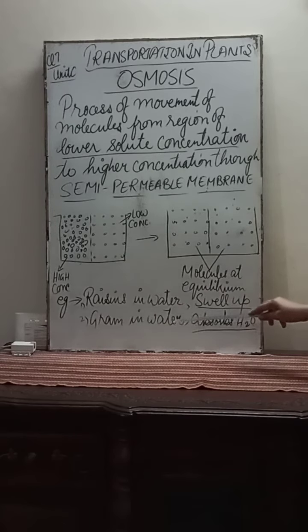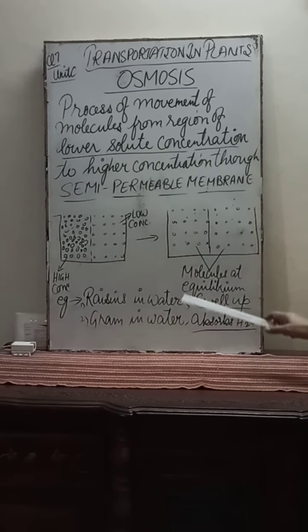Overnight you soak gram in water and you will see that it absorbs water and it swells up. It absorbs water and the cells swell up, just to maintain the concentration of inner and outer of the cell. So this is the process of osmosis. I hope you understand the process of osmosis.